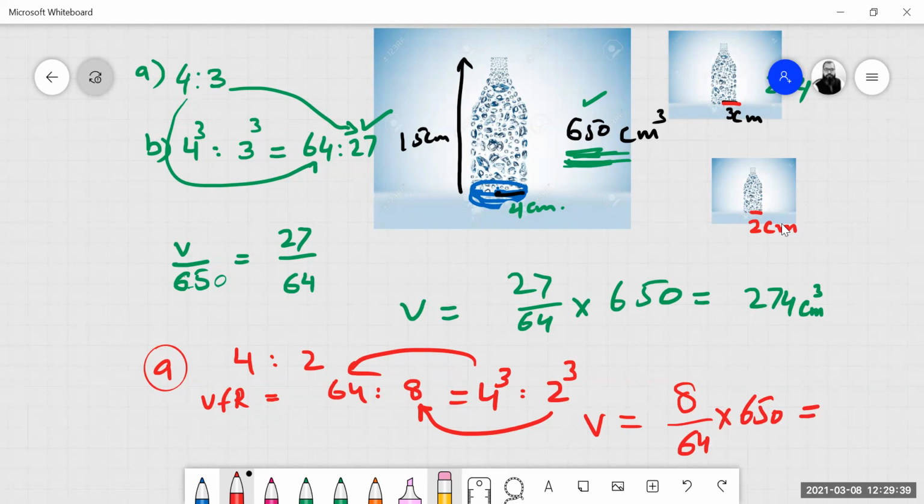The answer of it is 4 ratio 25. B is 64 ratio 125. From where are you getting 125? Sir, the ratio is 81.25, or it's 325 ratio 4.